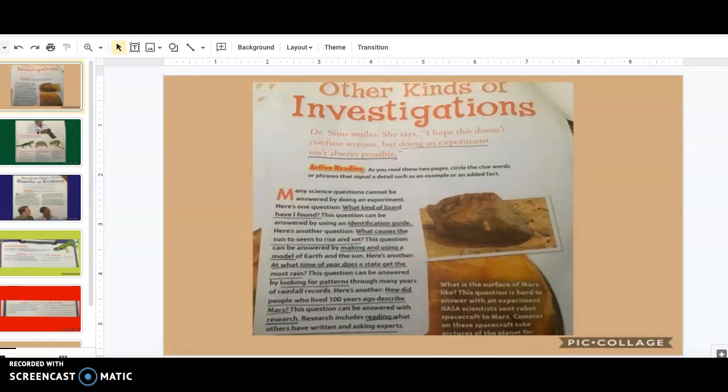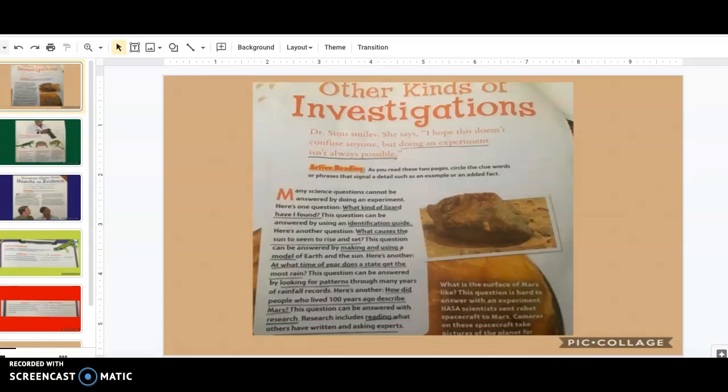Okay. Another question I'd like you to notice is it says, at what time of year does a state get the most rain? Well, sometimes we use identification guides, sometimes we use models. For this particular question, we would look for patterns in data.